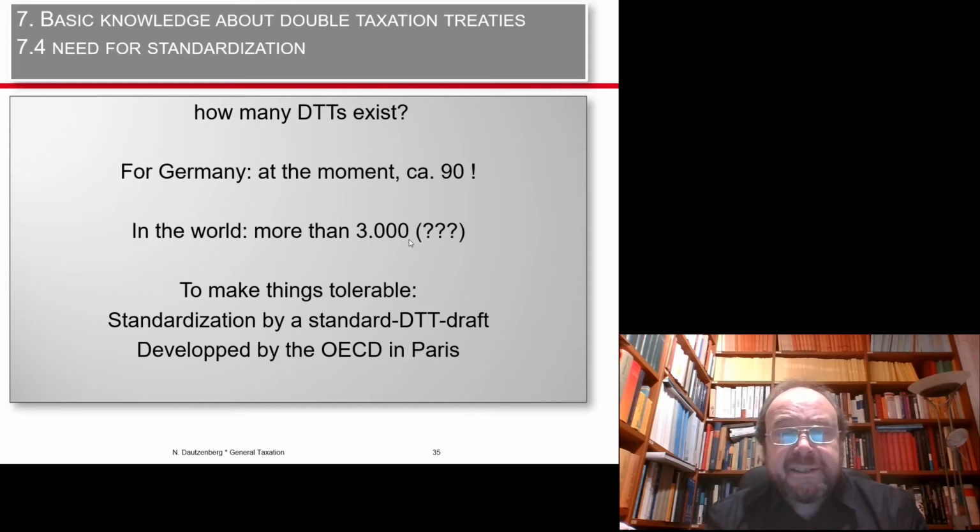So that need has already been seen in the 1960s and 1970s. So people asked an organization in Paris, the OECD, Organization for Economic Cooperation and Development, originally founded, I believe, 1960 or so in Paris, to design a master draft, a model convention, a model text which could serve as a basis for all future double taxation texts.